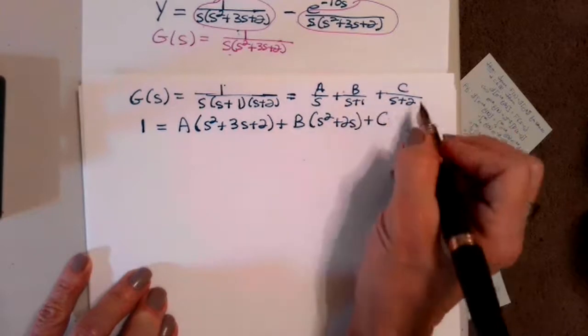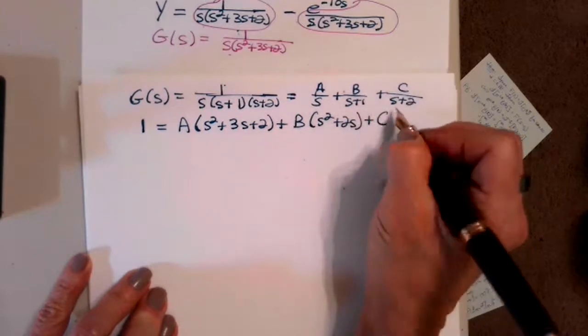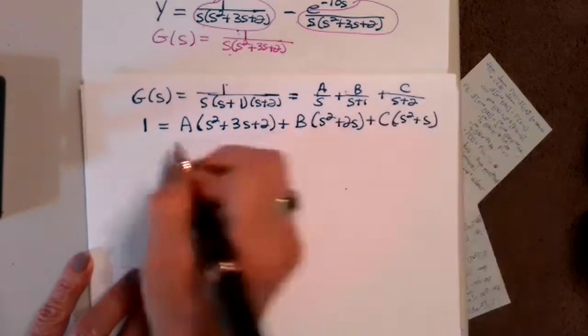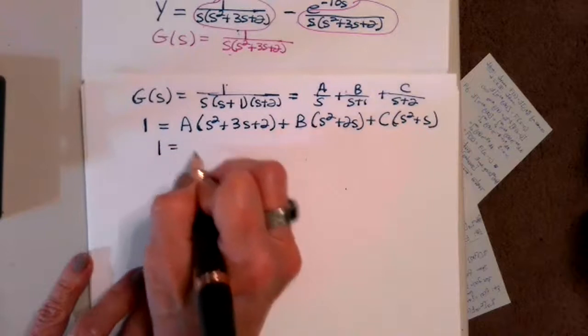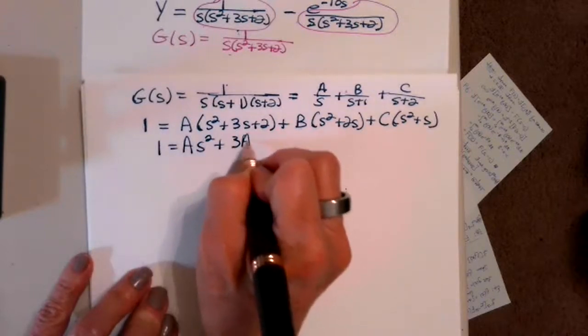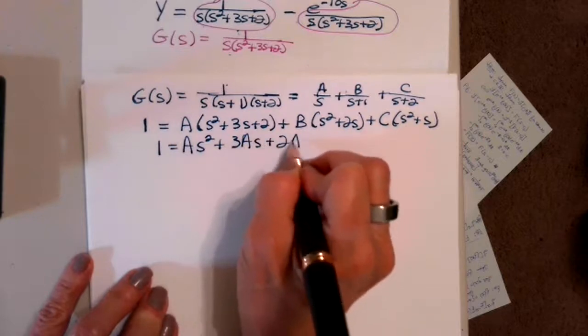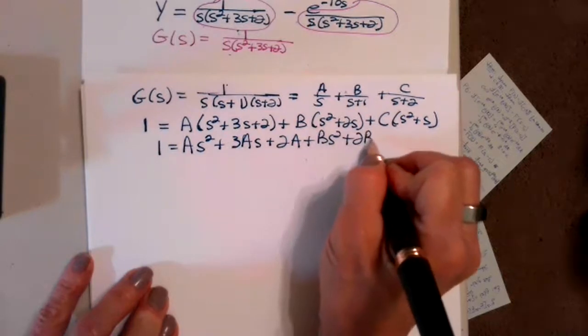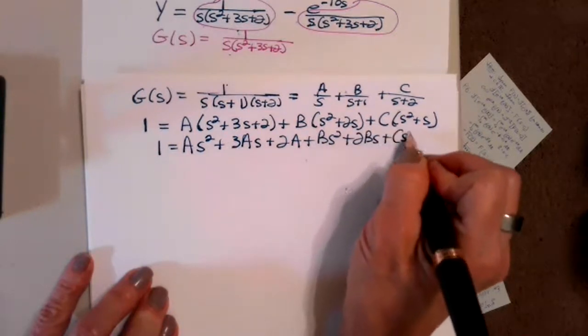And then I'll have c times s plus 1, which is c s squared plus cs.